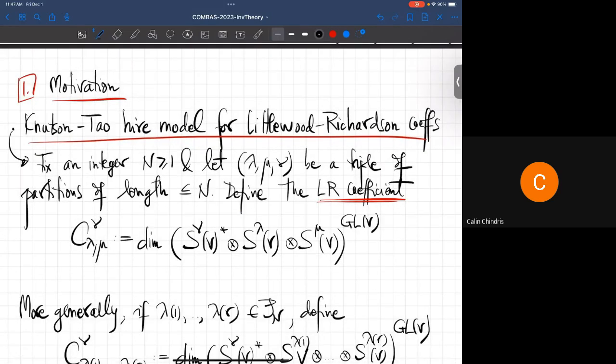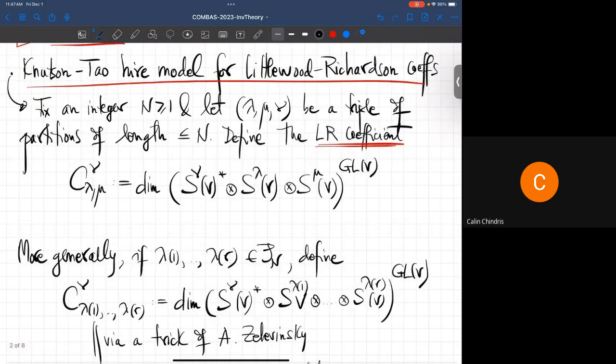If you fix a positive integer n and a triple of partitions that have length at most n, by a partition I simply mean a weakly decreasing sequence of non-negative integers, and the length is defined to be the number of non-zero parts.